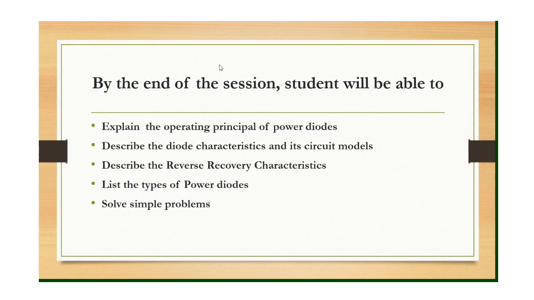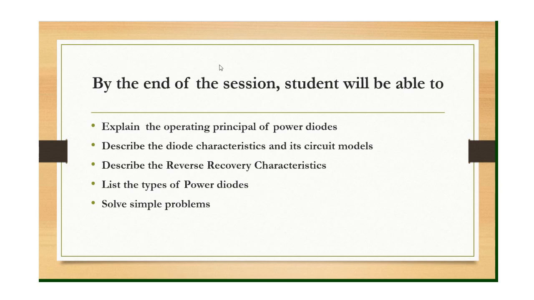In fact, in the previous session, if you remember, we had a glimpse of the comparison between the power diode and the normal signal diode, right? Power diodes are mainly used as ideal switches, and they're similar to the PN junction signal diode, as we had discussed in the previous classes.